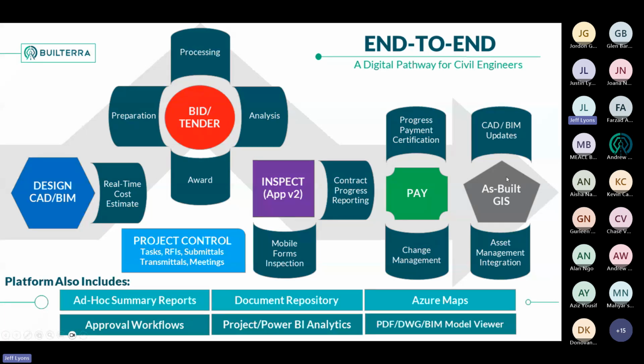The as-built GIS, obviously we're doing some inspection of sewers and services, but ultimately we want to be able to move data all the way from design into a shape file or GIS system and even update drawings on the back end. So we're sort of working on all of these workflows with customers.